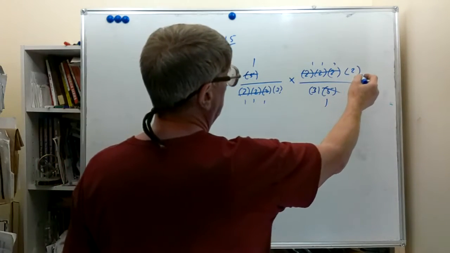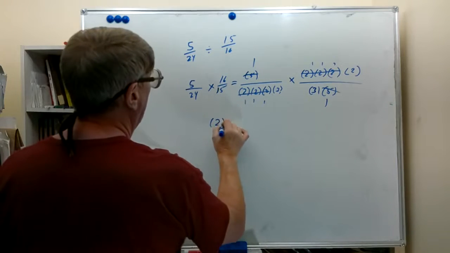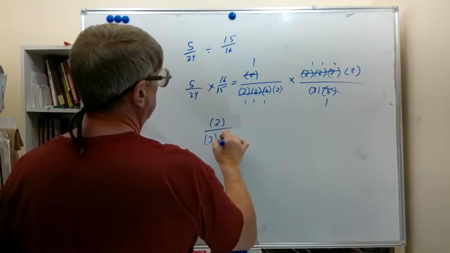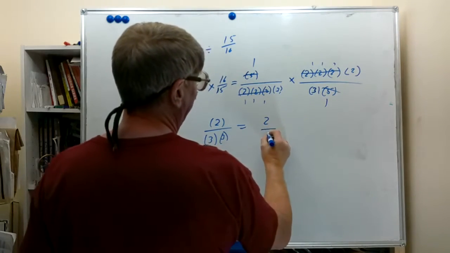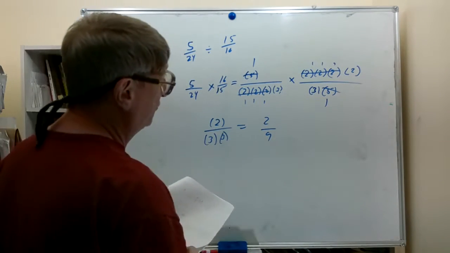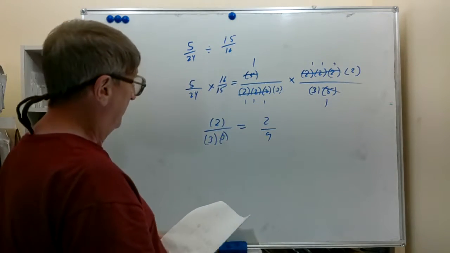What's left was 2 for the numerator and 3 times 3 for the denominator. That gives us 2/9, which is in lowest terms because there are no common divisors between 2 and 9.